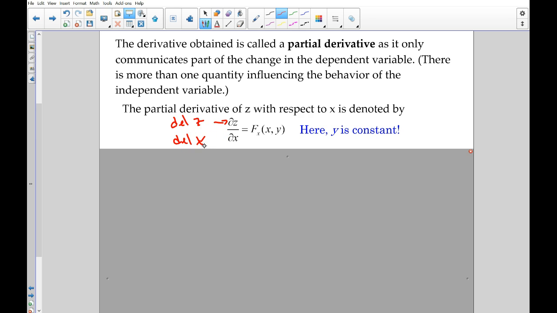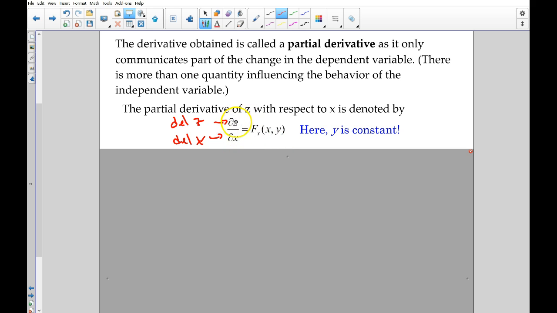That's what I've heard. There might exist other notation or other language for this, and you can either say del z, del x, and that would be Leibniz notation. There is no real prime notation equivalent, but what we often write is f with a subscript of x, and the subscript is denoting which partial derivative we're looking at.